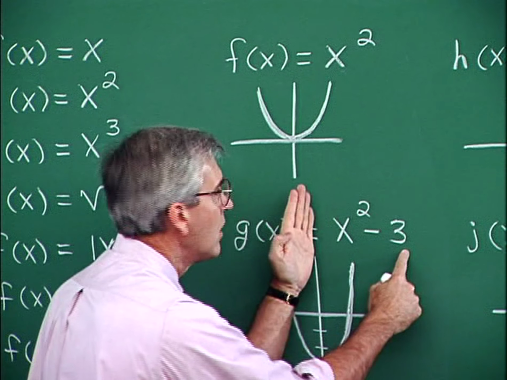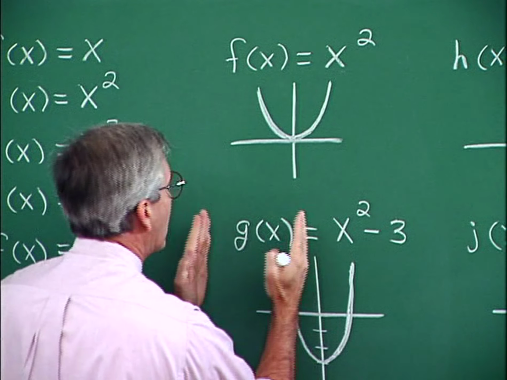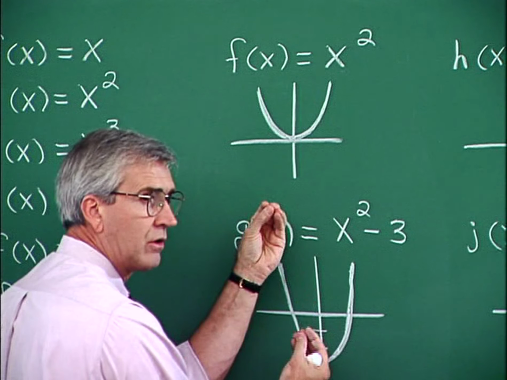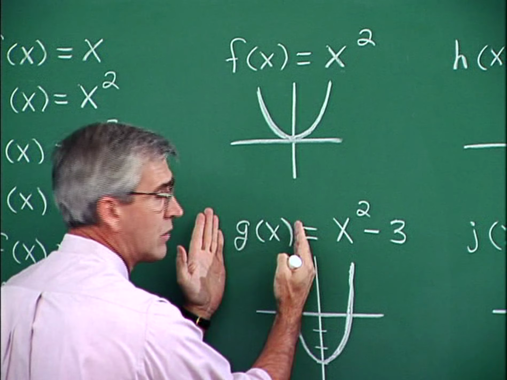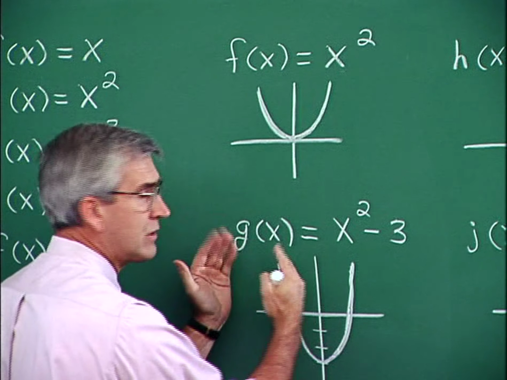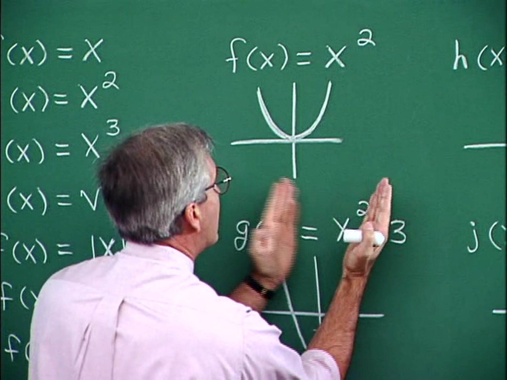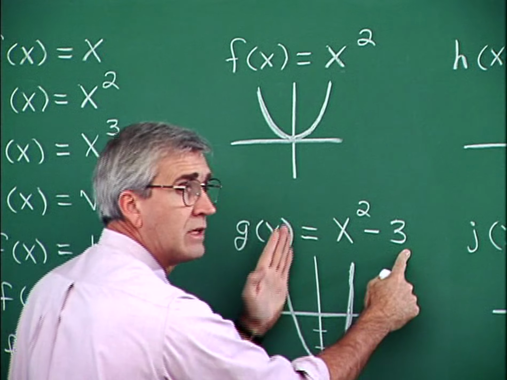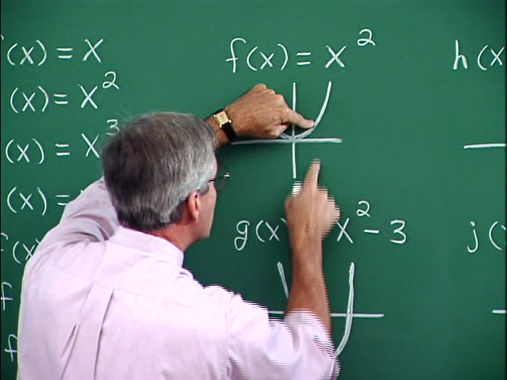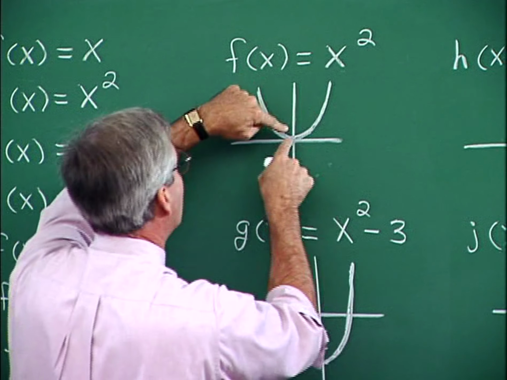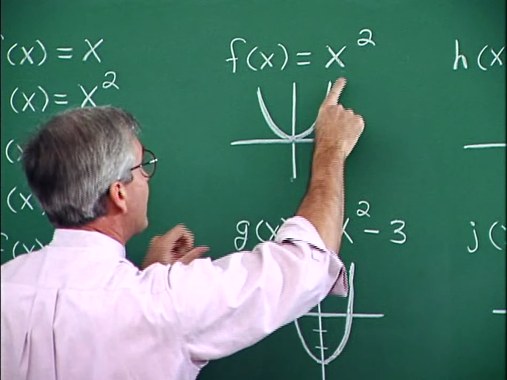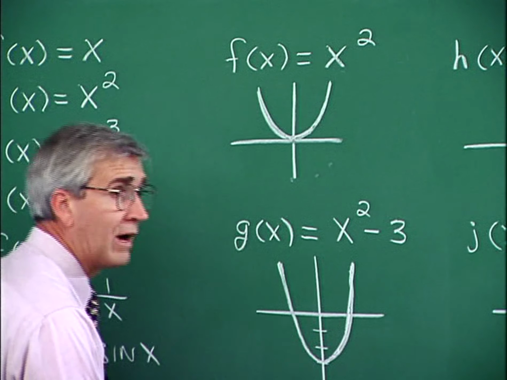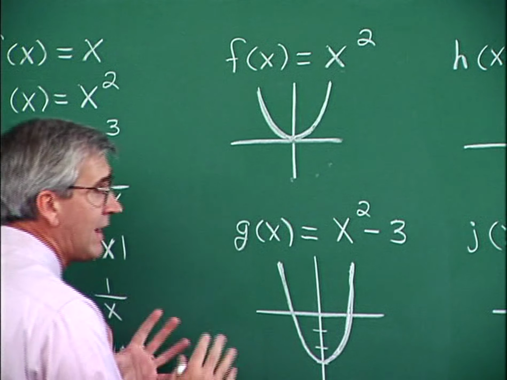You see, for y values, we're talking vertical distances. So it would be the same as those vertical distances, but subtract 3 for every one of them. If we take this vertical distance and subtract 3, and that vertical distance and subtract 3, and every vertical distance and subtract 3, the whole graph moves down 3 on the coordinate plane. And that's all there is to it.